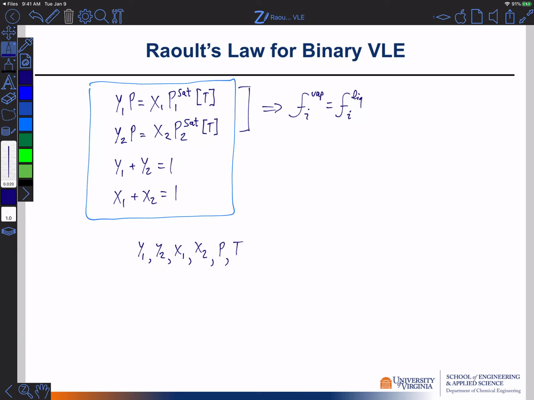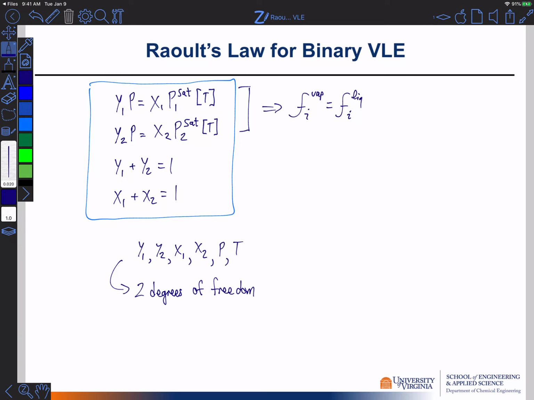So we have 6 variables, and we have 4 equations. And so this tells us that we need to specify 2 degrees of freedom in order to ultimately solve this system, right? So we need 2 degrees of freedom.